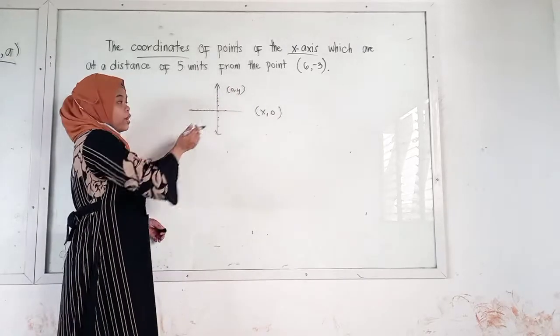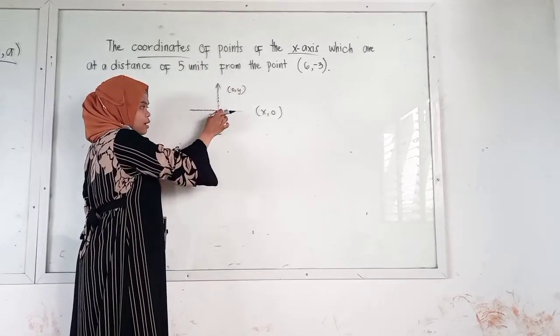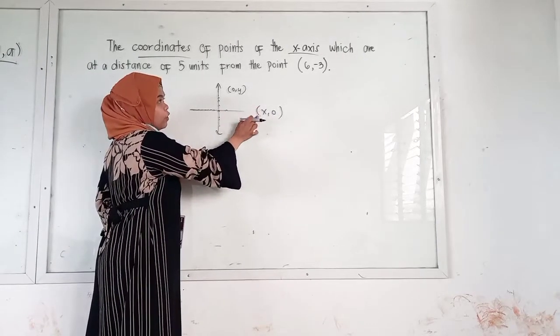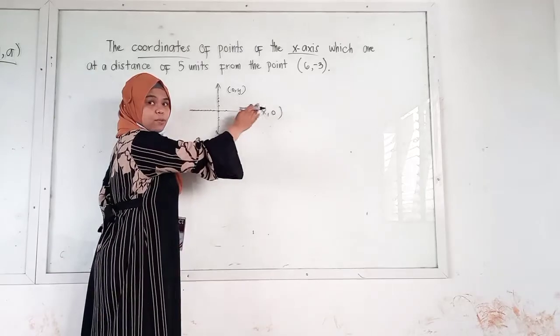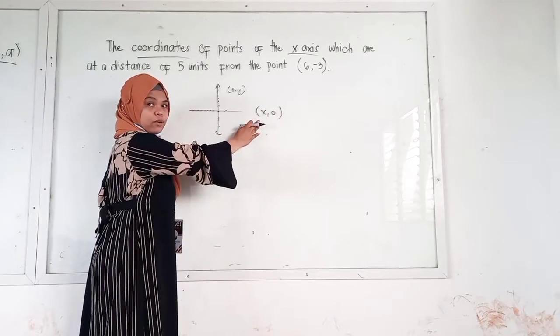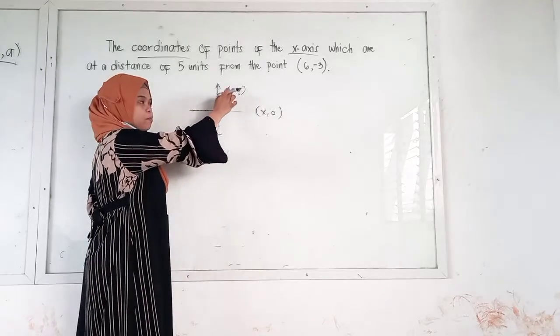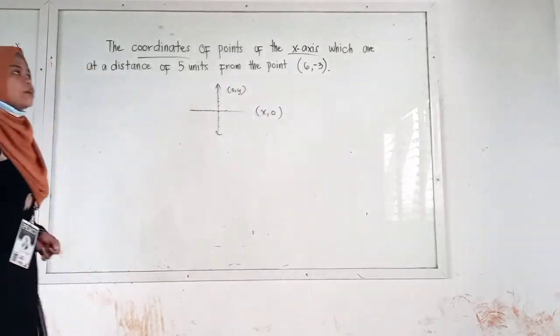Whenever your point is on the x-axis, your ordinate is 0, and only the abscissa has a value. But if it is on the y-axis, the ordinate has the value, and the abscissa is 0.